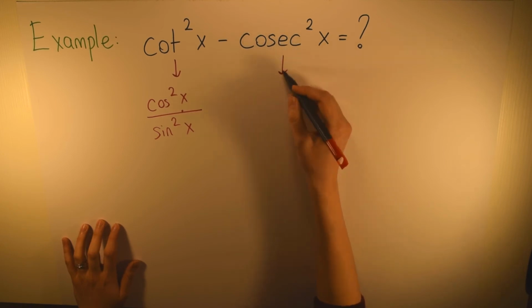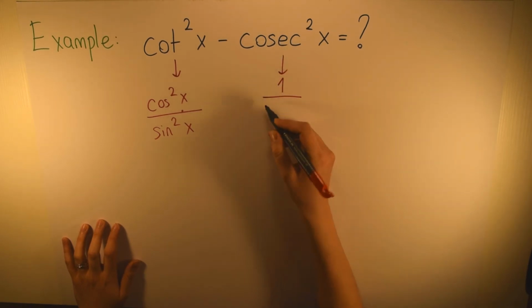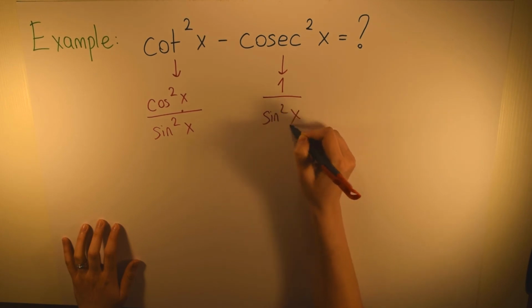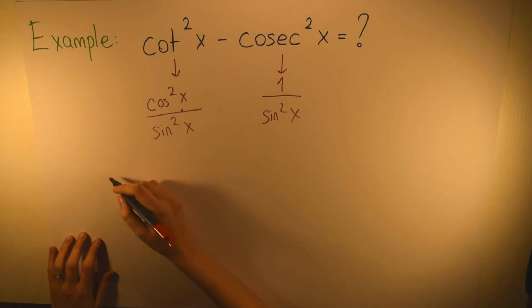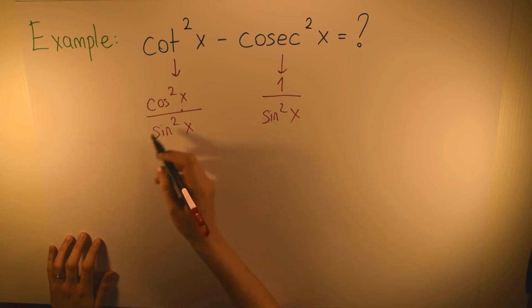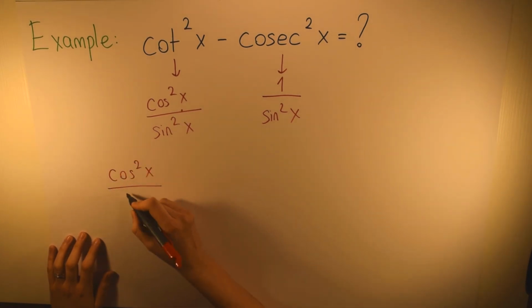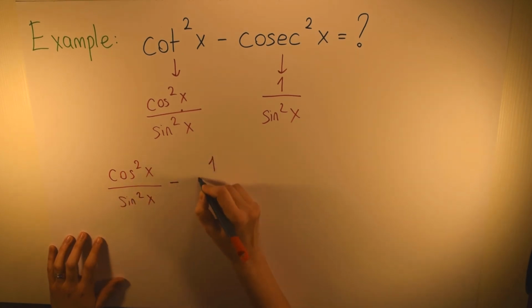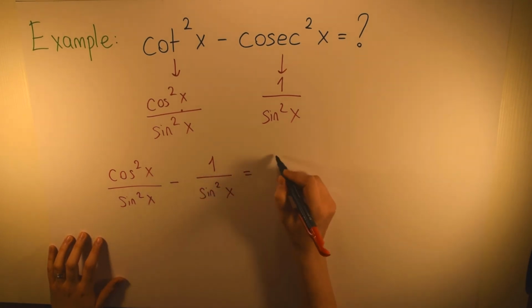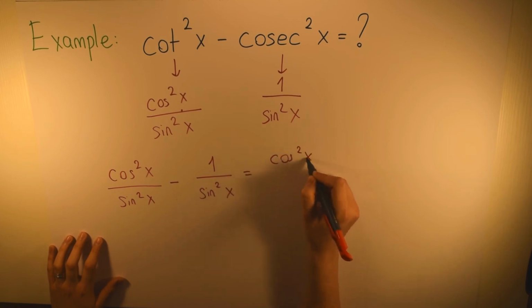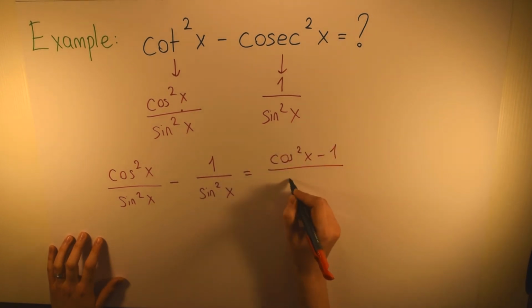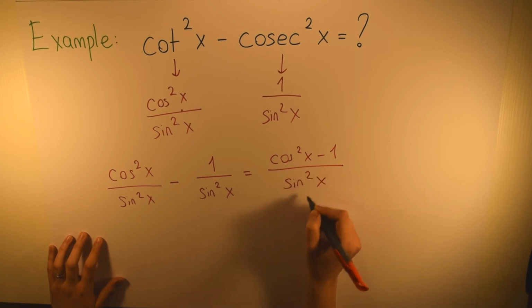So instead of this, we can write 1 over sine square x. So here we have cosine square x over sine square x minus 1 over sine square x. Since they have the same denominator, we can write them as cosine square x minus 1 over sine square x.